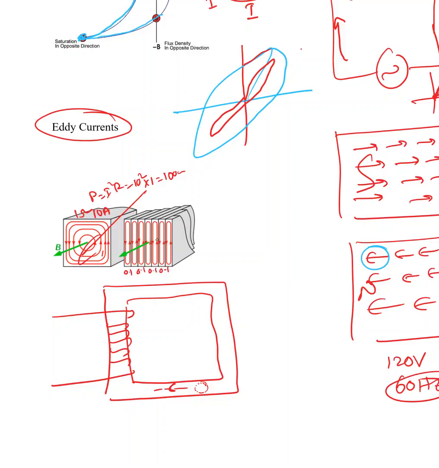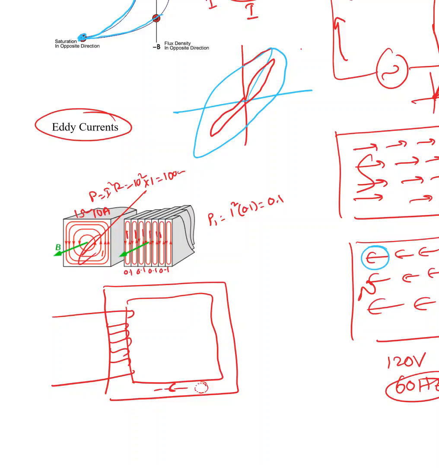What happens to my current? Current also reduces 10 times. Each current is 1 ampere in 10 pieces. So 1 squared times 0.1, so your power loss is only 0.1 watt. 0.1 times 10, still it is 1 watt. So a lot of energy is saved. That's how the eddy currents happen.